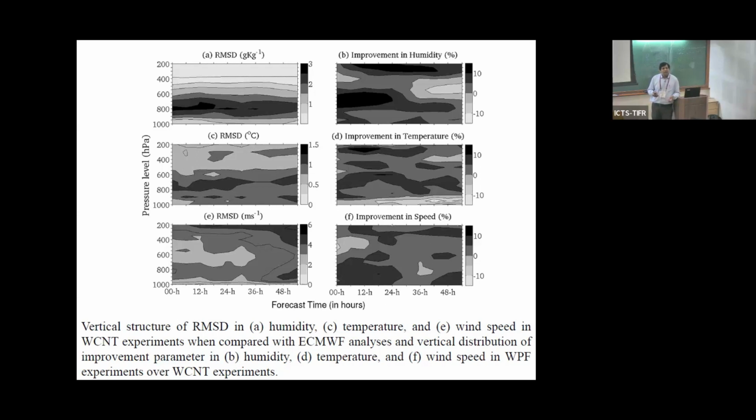And we found a good improvement over different levels. So after utilizing this framework, not only is my brightness temperature improved, it also improved my basic fields: temperature, moisture, wind, etc.